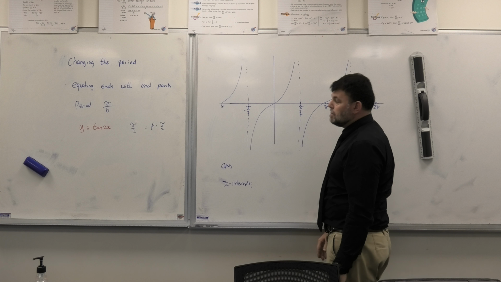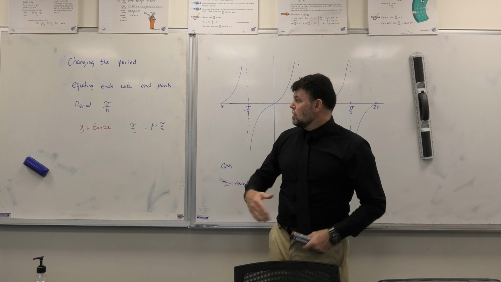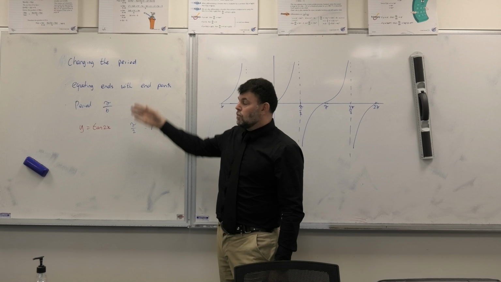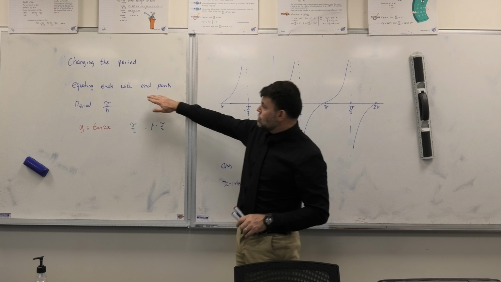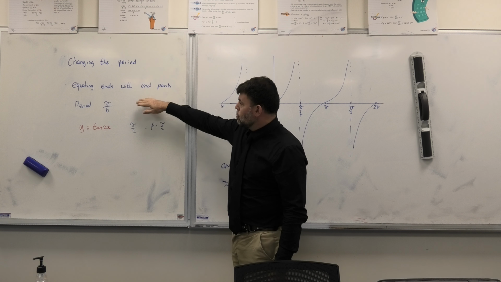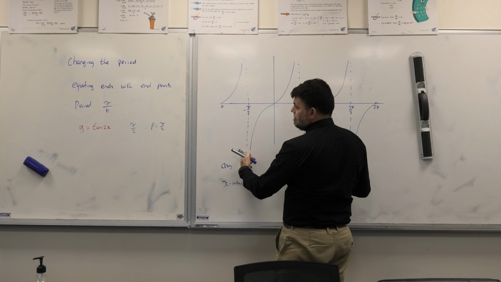Now, when it comes to changing the period, we have a little skill that we can use to make sure we get some accuracy here. The way we find that is we equate the ends with our actual existing endpoints first.